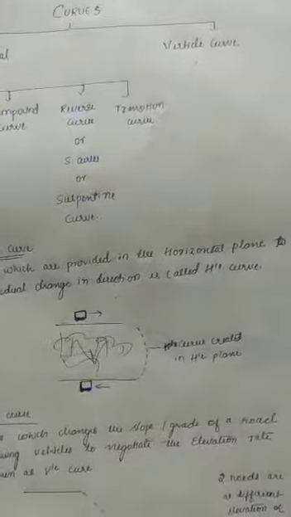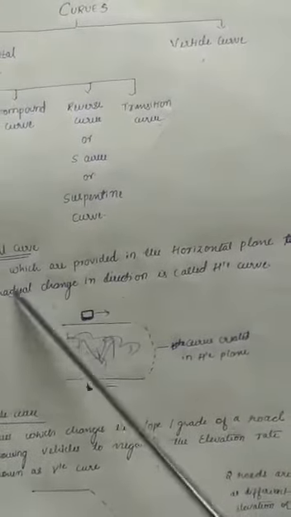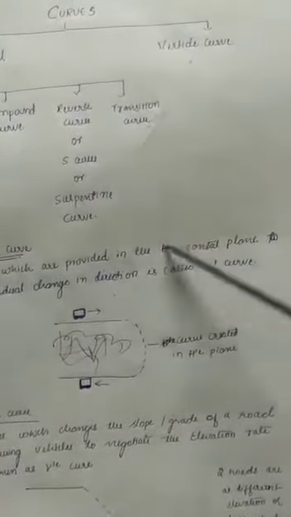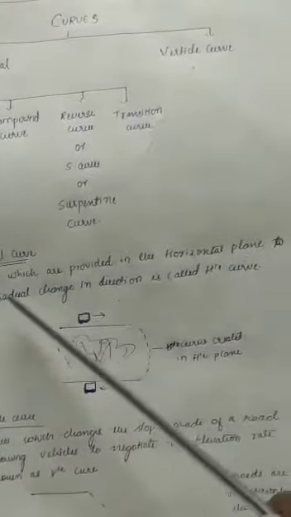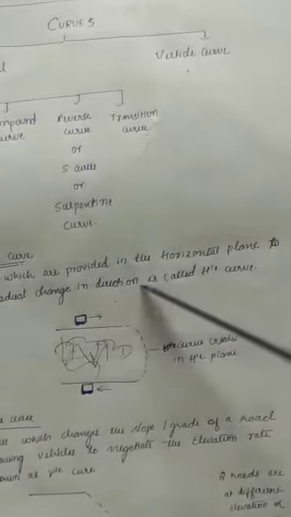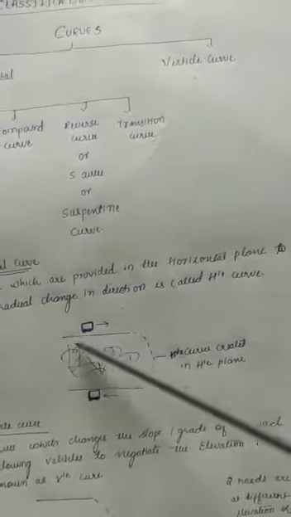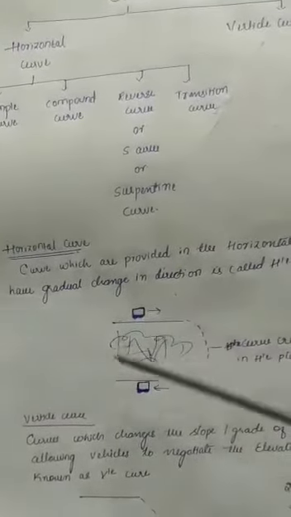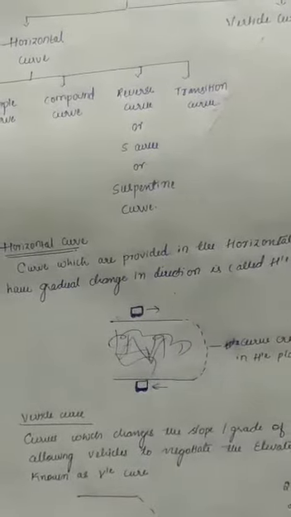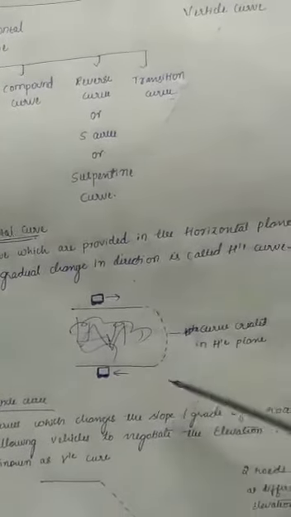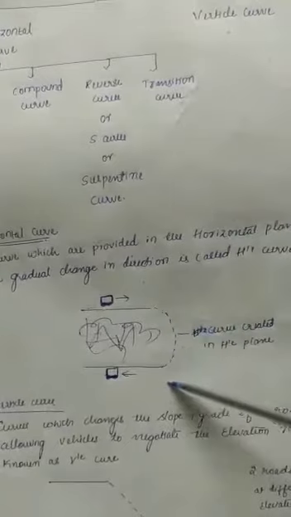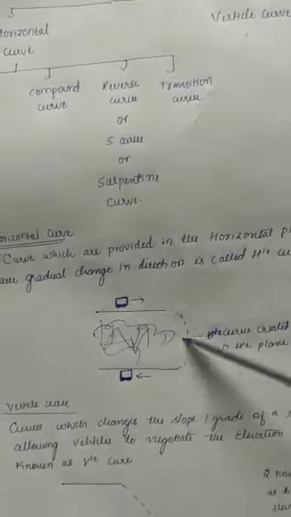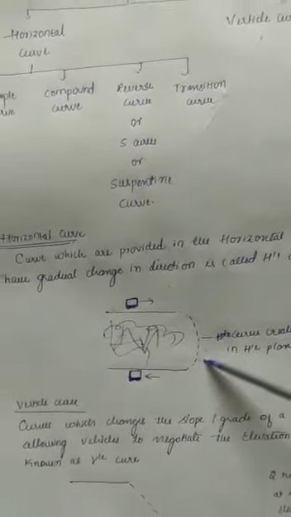That is what they have told in the definition: curves which are provided in a horizontal plane to have gradual change in direction. That is, if you want to change your vehicle direction from one pathway to another pathway, they have created some curve kind of a road. That is nothing but your horizontal curve.